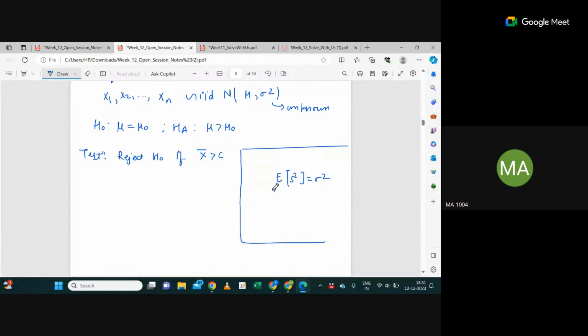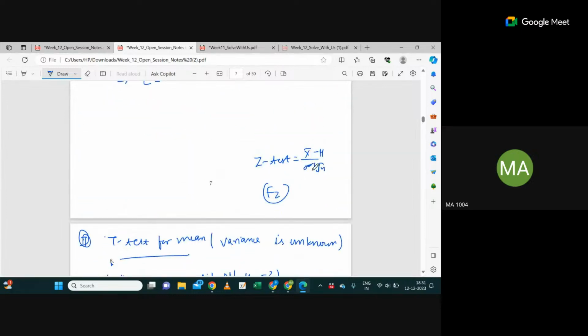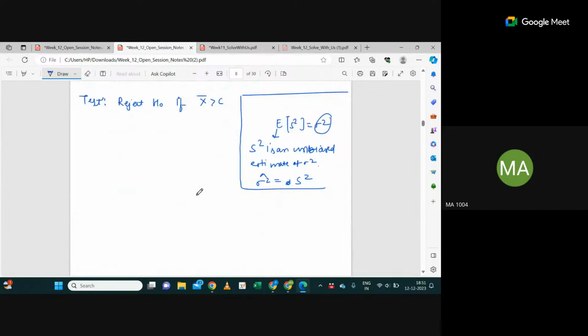In week 9, we saw unbiasedness: S square is an unbiased estimate of the population variance sigma square. Since sigma square is not given to us, I will use its estimate S square. So in place of sigma by root n, we will go with S by root n.